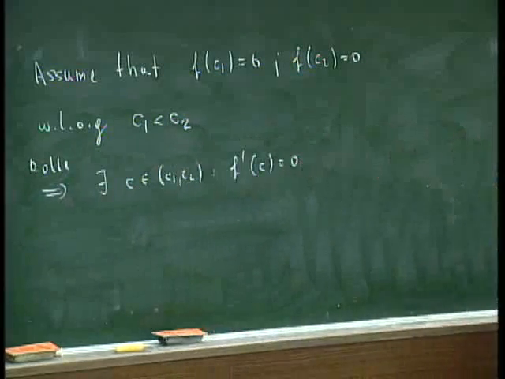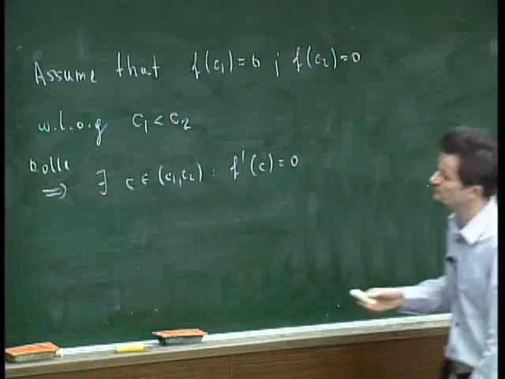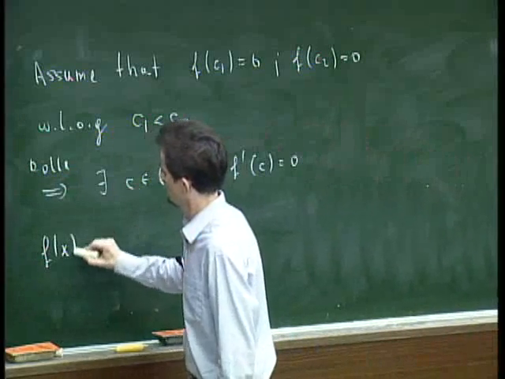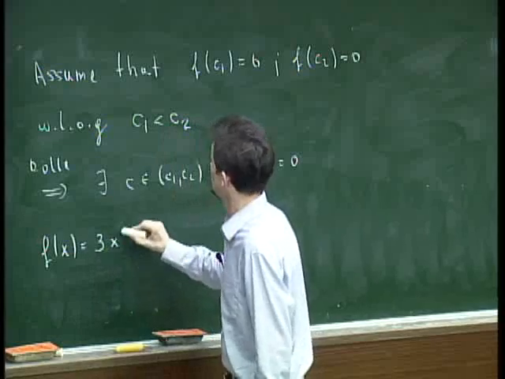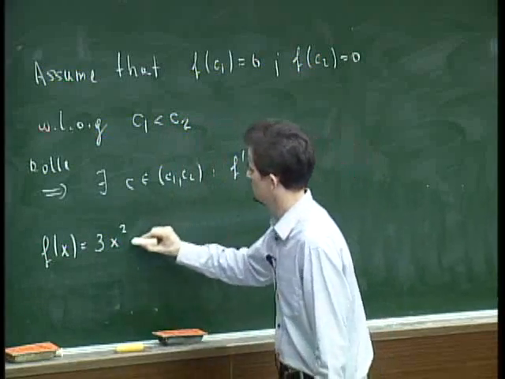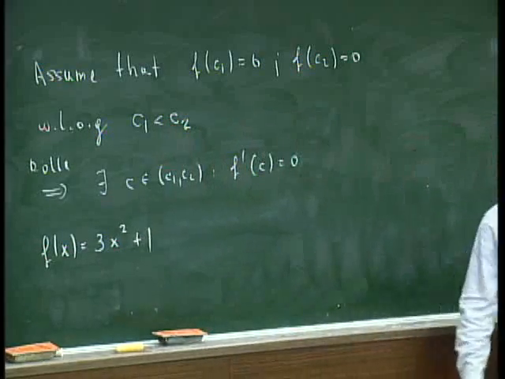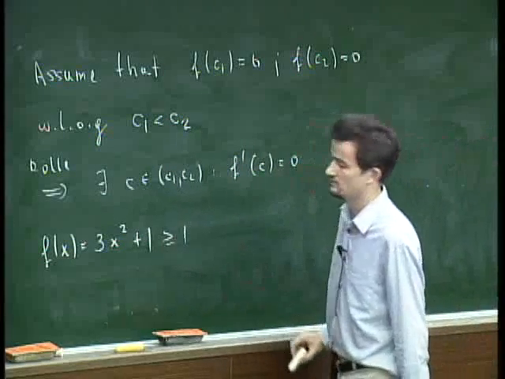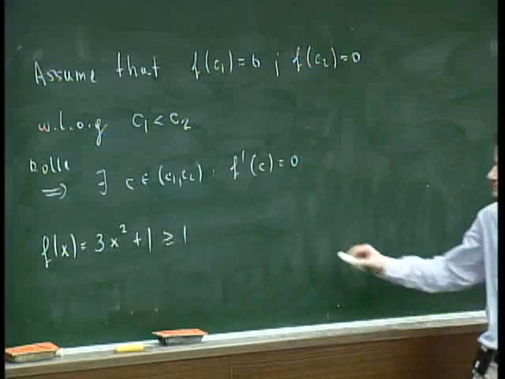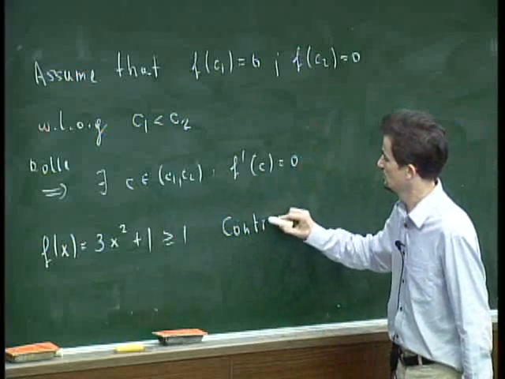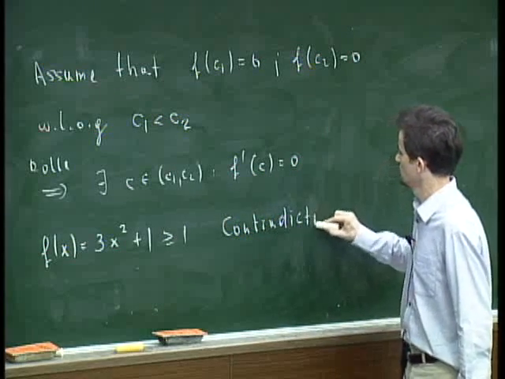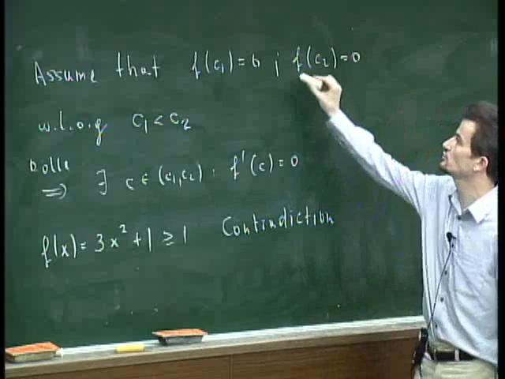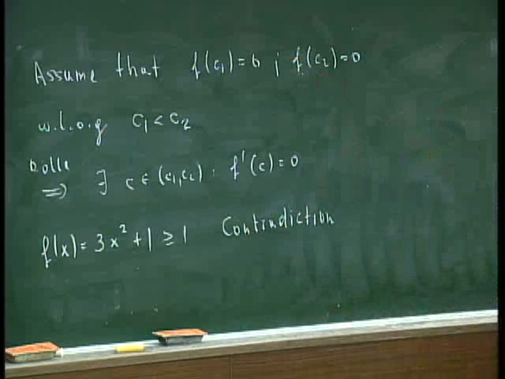But if you now look at the derivative of this function here, this derivative cannot be equal to 0. It's larger or equal than 1. So you have a contradiction. In other words, it was wrong to assume that we have two zeros.